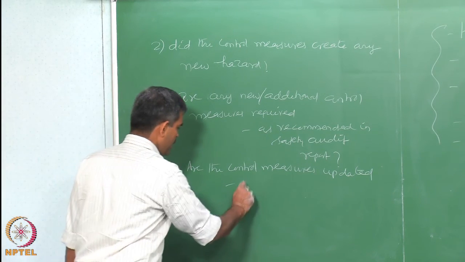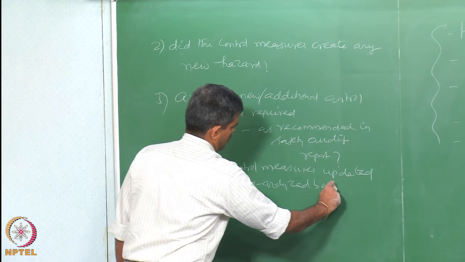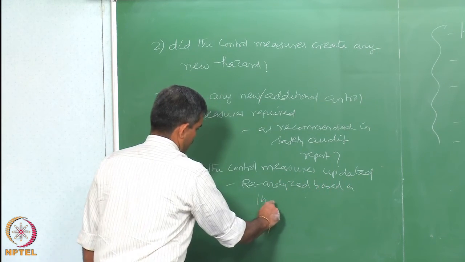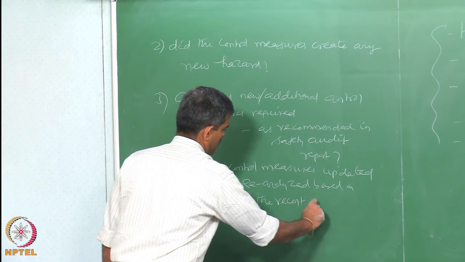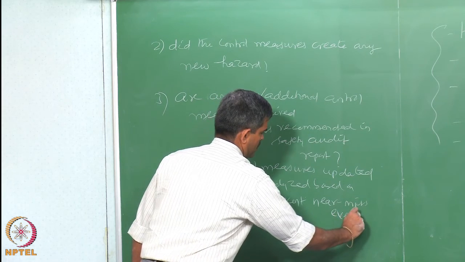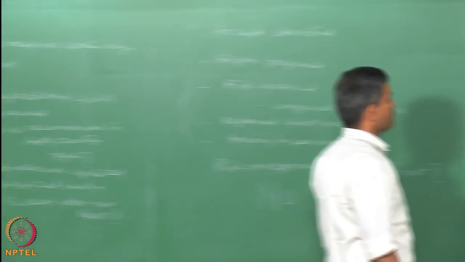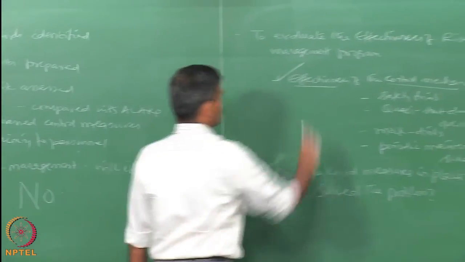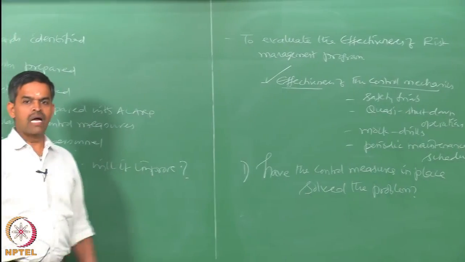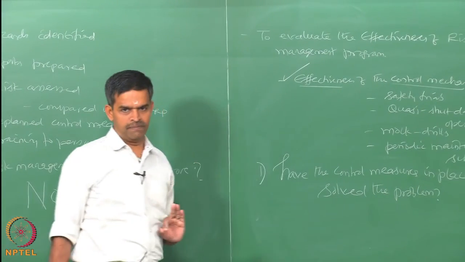Are they reanalyzed based on the recent near miss events? So, all these questions become very interesting answers for evaluating the effectiveness of the control mechanism, which ultimately leads to how effective a risk management is actually functioning.